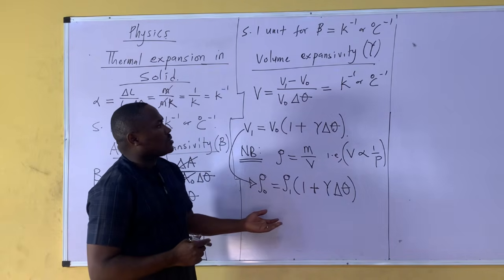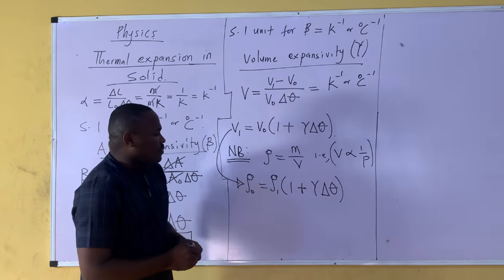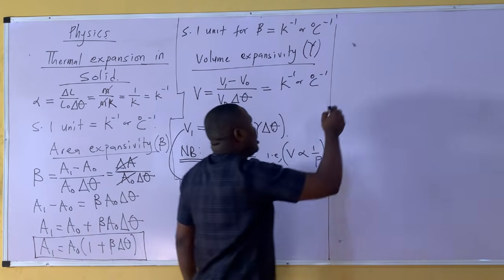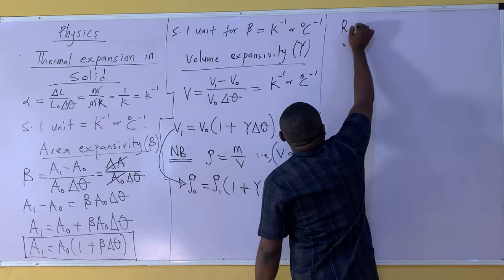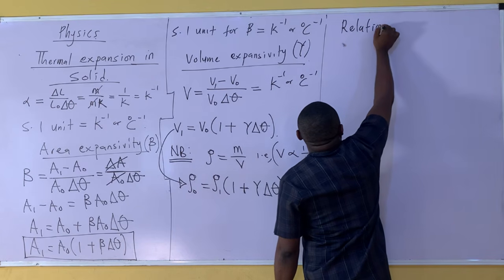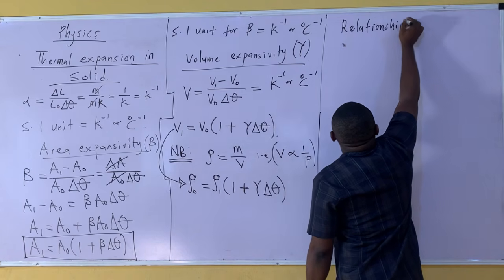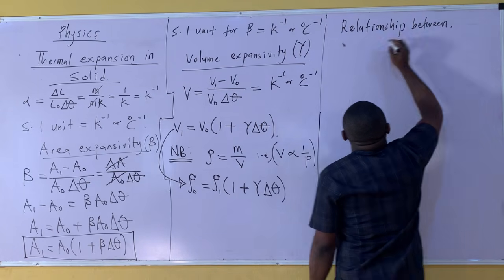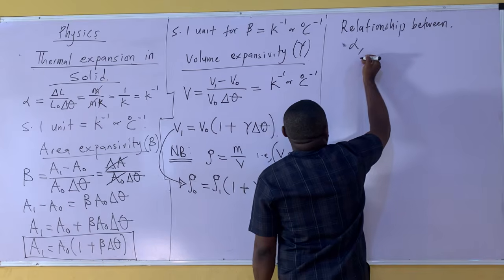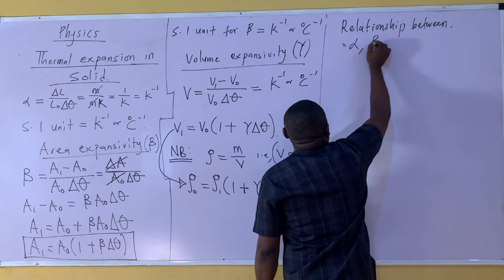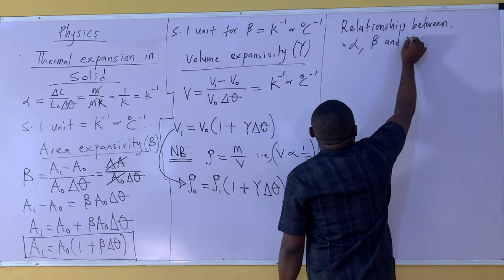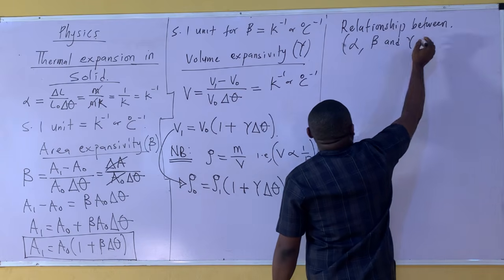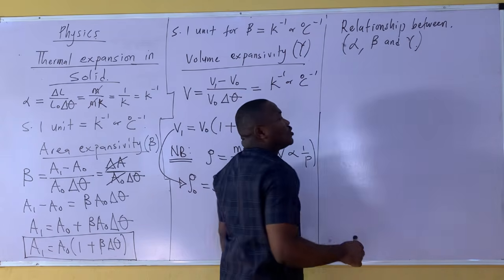Now, after this, there is a relationship between linear expansivity, area expansivity, and volume expansivity. What is the relationship between these three?